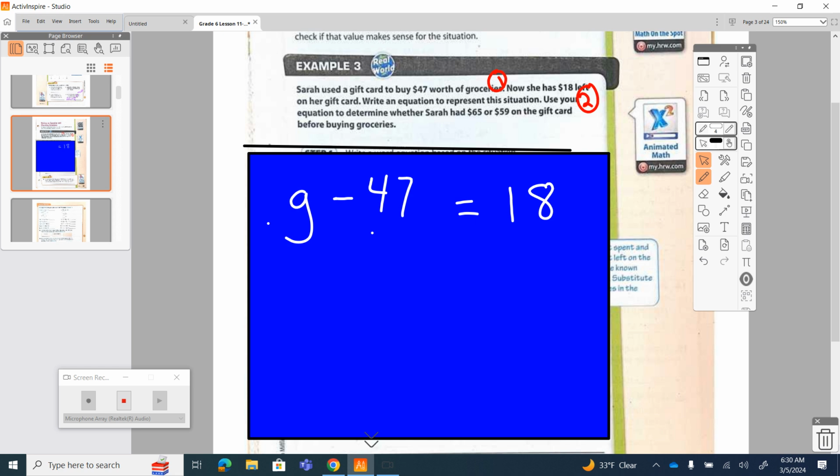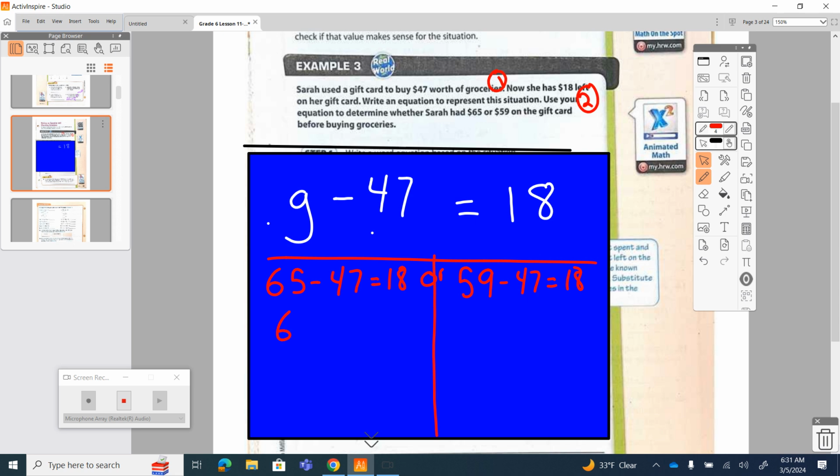So now they want to say, which of these was it? Was it 65 minus 47 equals 18? Or was it 59 minus 47 equals 18? Which one of these was it? So we're going to have to do some, I was going to say long division. Whoops! Some subtraction with regrouping.